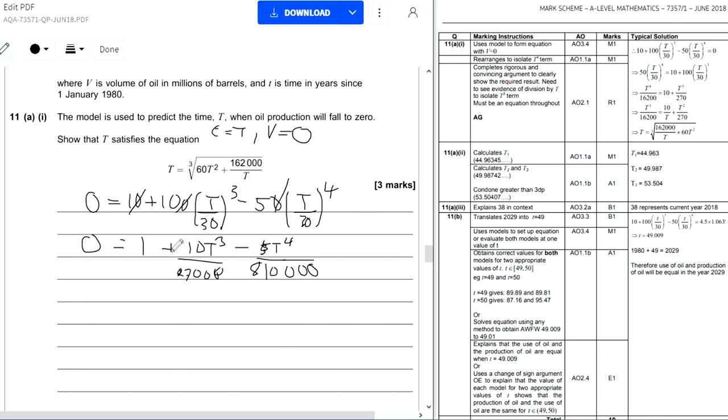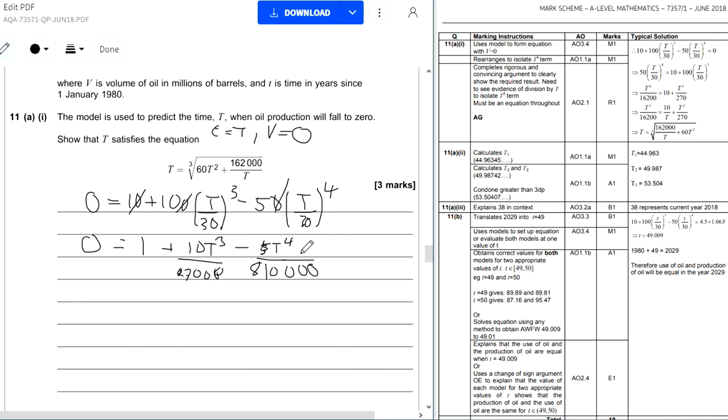However, if I divide by T, I'm going to get 1 over T, 10T squared, and 10T cubed. And if I do that, then here's my 1 over T. Here will be my T squared, and then T cubed, well, there's a cube root, which is the one I'm going to be using here.